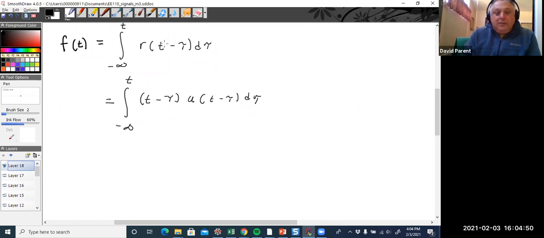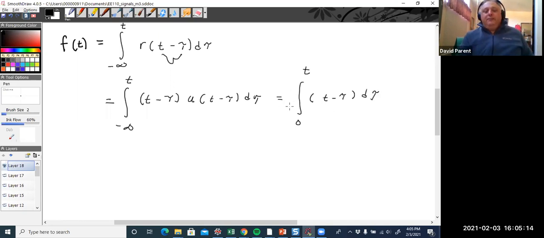So this is just like before, except that was tau. Then I delay the step function. And I can write that.